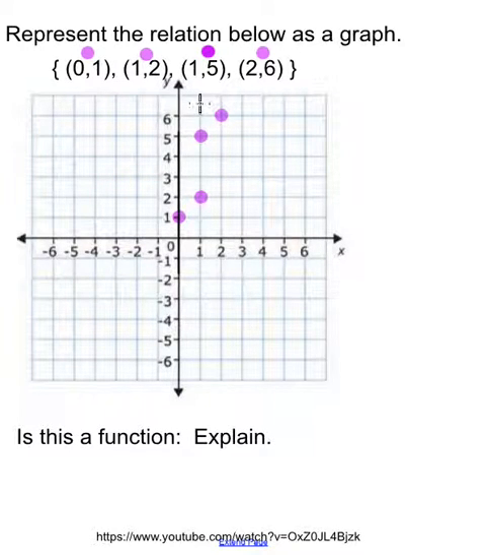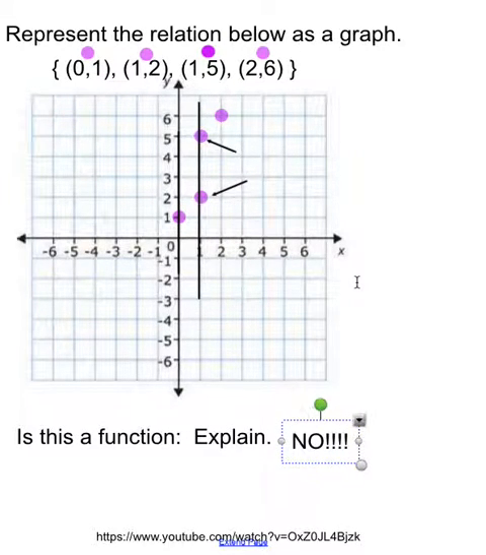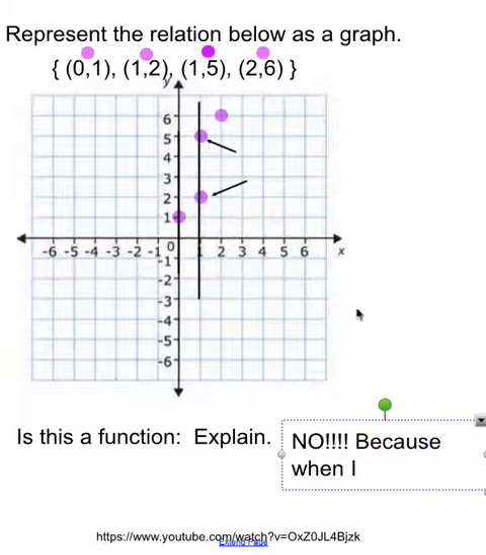If I draw a line vertically this way, up and down, you'll notice right here and right here, I actually hit 2 points on one line. If I hit 2 points on one line, is this a function? No.